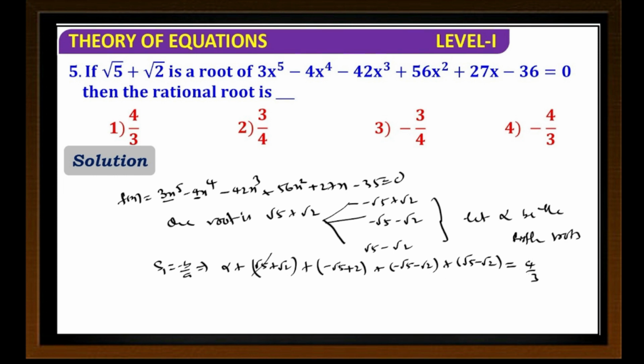So root 5 and minus root 5, root 2 and root 2, minus root 2 and minus root 2, all get cancelled. Just alpha is 4 by 3. The given four roots are irrational, so alpha equals 4 by 3 is the only rational root.